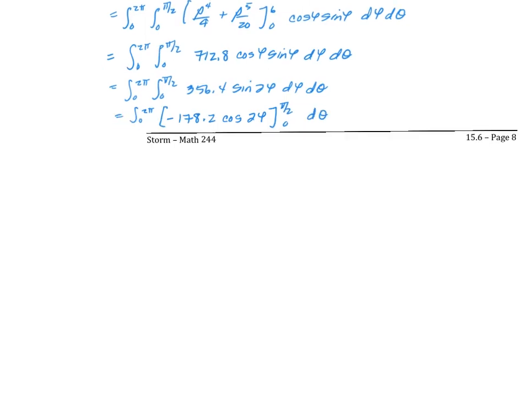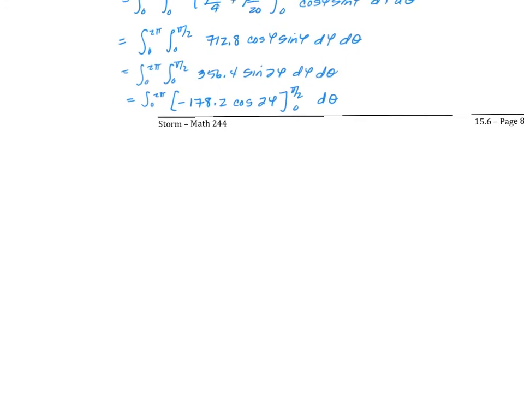So cosine of 2 times pi over 2, so that's pi, will make this a positive 178.2. And then minus a negative 178.2 will turn this into 356.4. With respect to theta, that would just be 356.4 times 2 pi. I'm going to skip all that and just write 712.8 pi, which is fine.